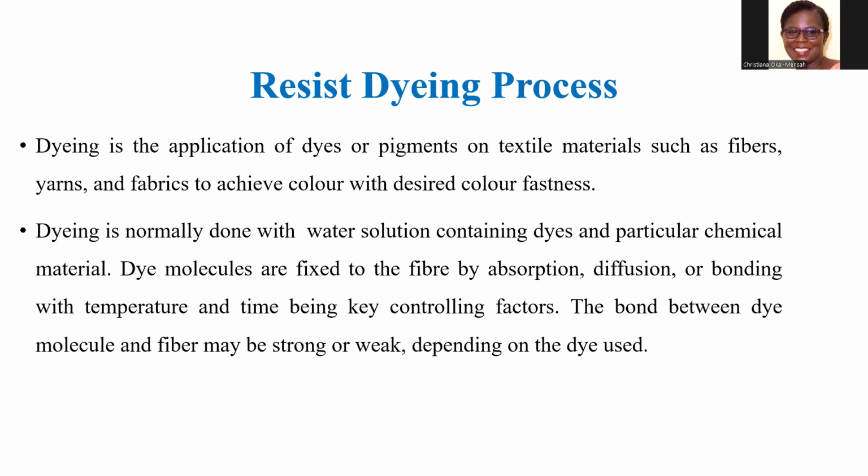They absorb rather than resting on the surface, as compared to printing. Diffusion or bonding, with temperature and time being key controlling factors when you're doing dyeing. So if you don't use the correct temperature, you will not achieve the best effect. The bond between dye molecules and fiber may be strong or weak depending on the dye used.